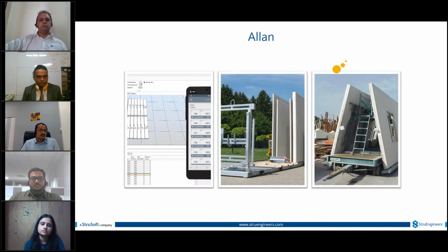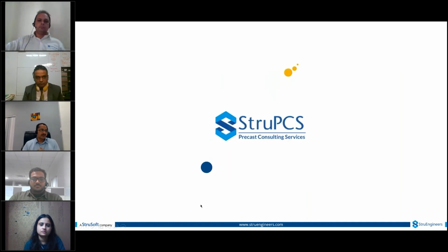So Alan was the one doing all the logistic planning, and he had access to the system, and he was checking the weight of the modules and whether those are permissible on the trucks or crane. This is how they united together, and it really benefited. And this is how we adopted the beam technology with our software Impact.